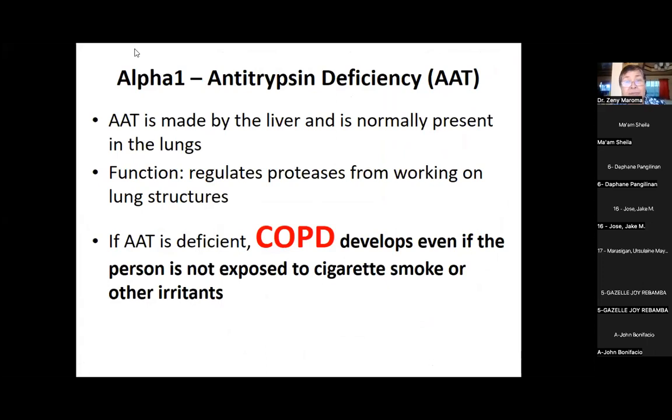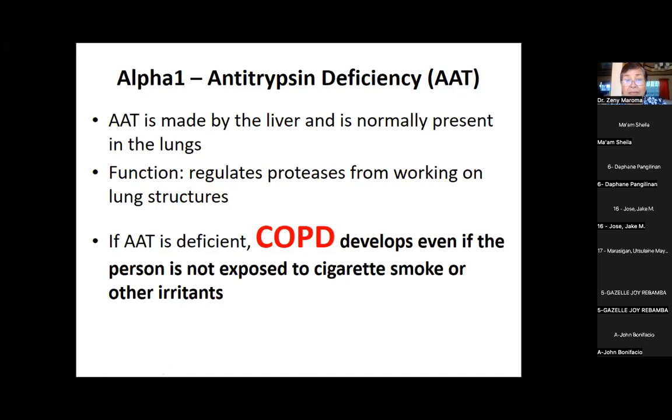Ano ba to? It is made by the liver and is normally present in the lungs. Ano yung function? It regulates proteases from working on lung structures. It is protective in nature.